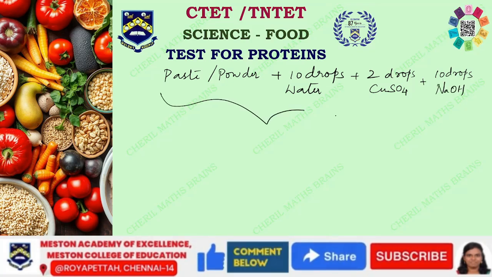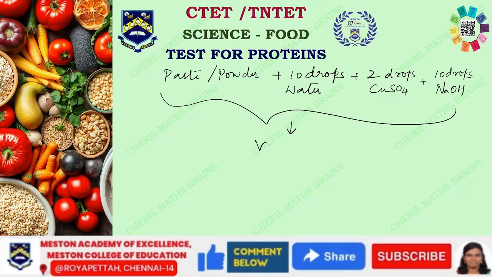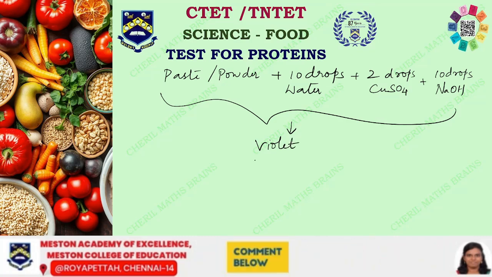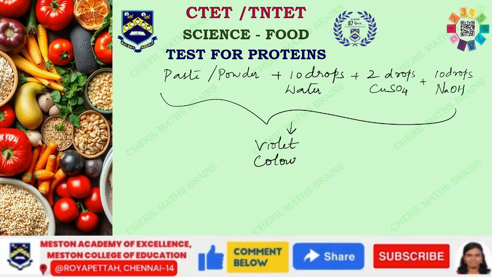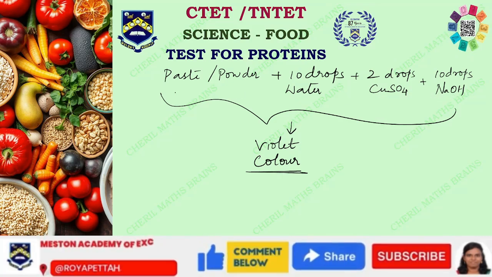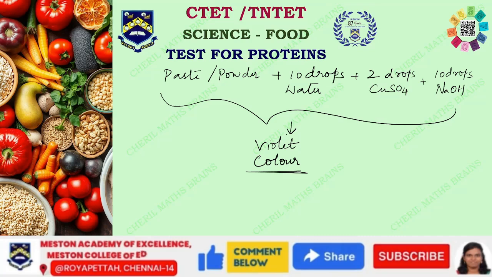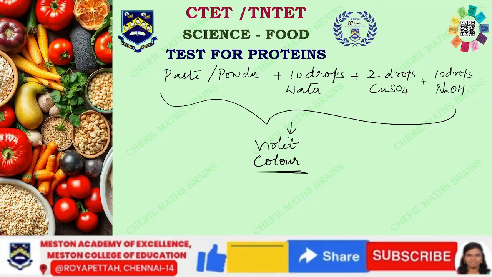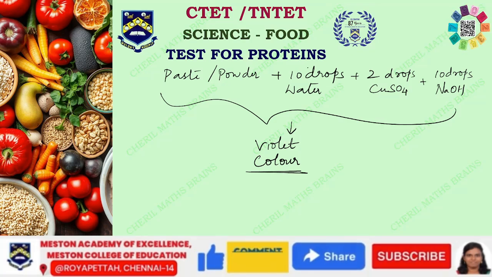When all this is done, you will get an appearance of violet color. If you get a violet color, it means that that particular food item contains protein. So this is all about proteins.